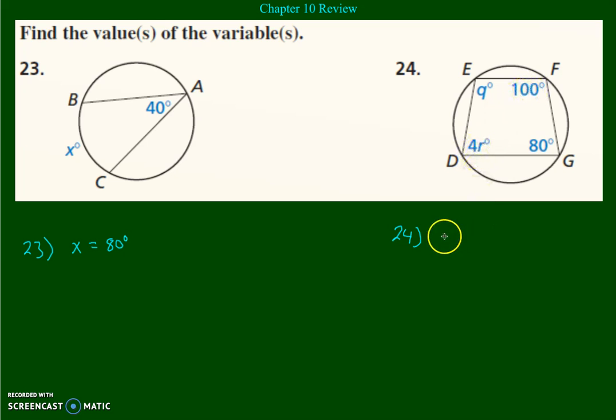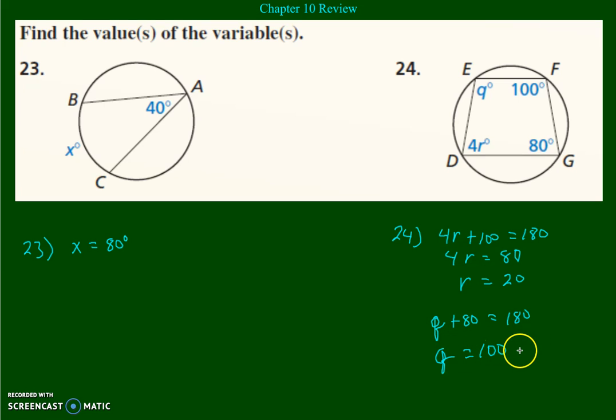So we can say 4r plus 100 equals 180, 4r equals 80, and r equals 20. For Q, we can see that this plus this equals 180, so Q plus 80 equals 180. Subtract 80, Q equals 100.